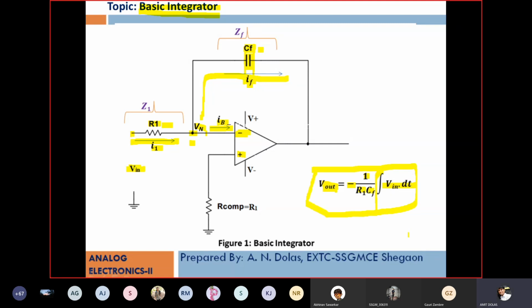Looking at this output equation, it is seen that the output is the integral of the input with time constant 1 by R1 CF. And last here in this circuit is RComp. RComp is always the parallel combination of R1, meaning Z1 and ZF, and nearly it is equal to R1 only. जो भी input resistance है उसके equivalent RComp we can connect into the integrator.